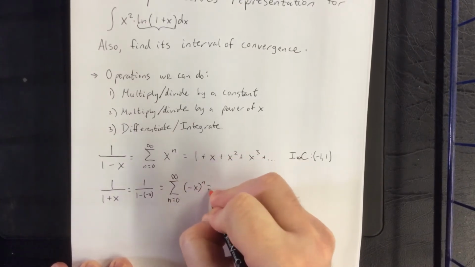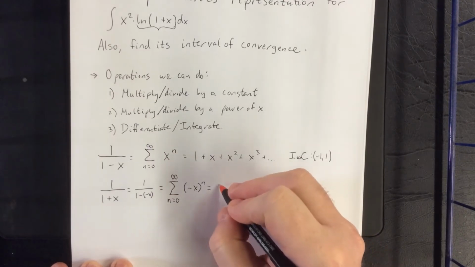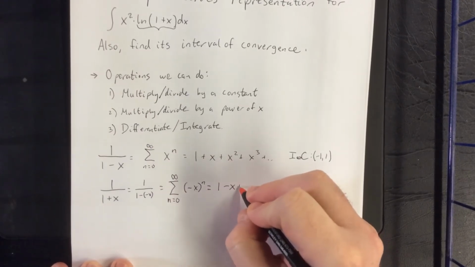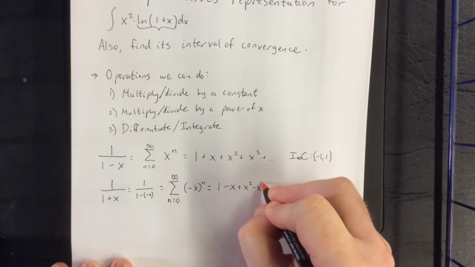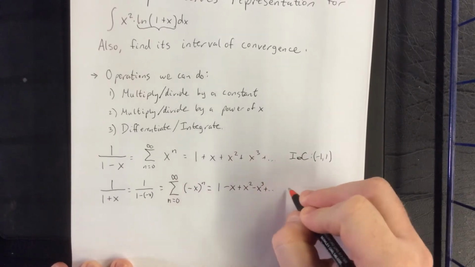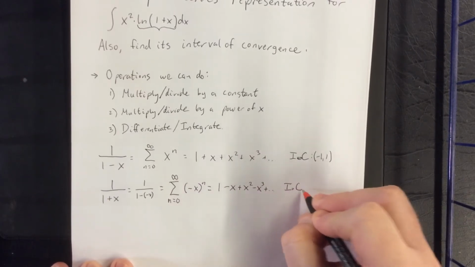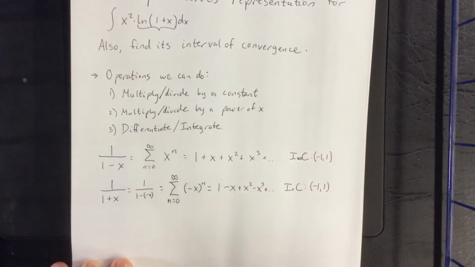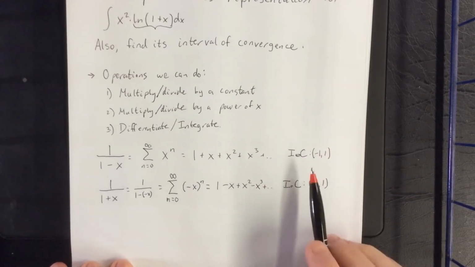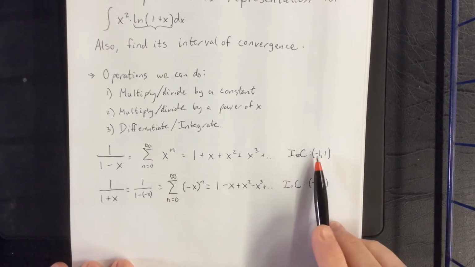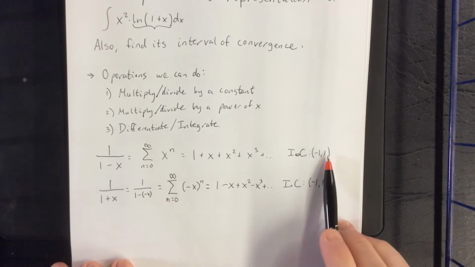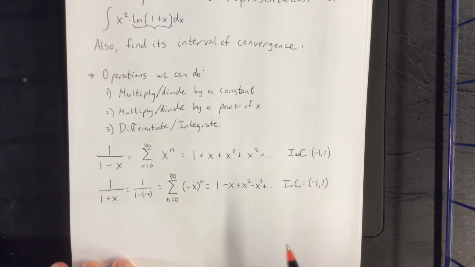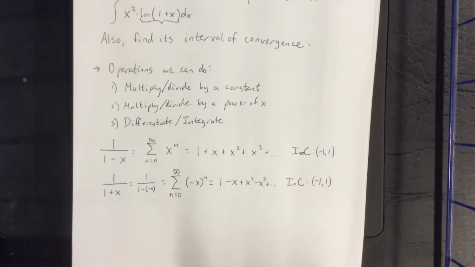So this will be negative x raised to the nth power. This would be like 1 minus x plus x squared minus x cubed and so forth. And the fact that we have changed that from positive x to negative x means that the interval of convergence would just get multiplied by -1. So -1 would become +1, and +1 would become -1, and outside of that, the interval of convergence does not change.